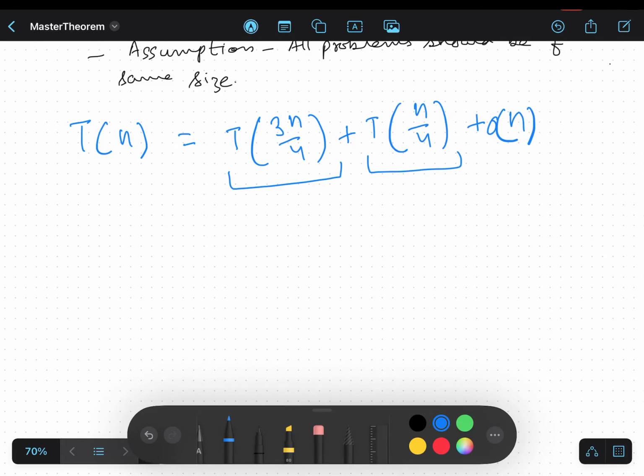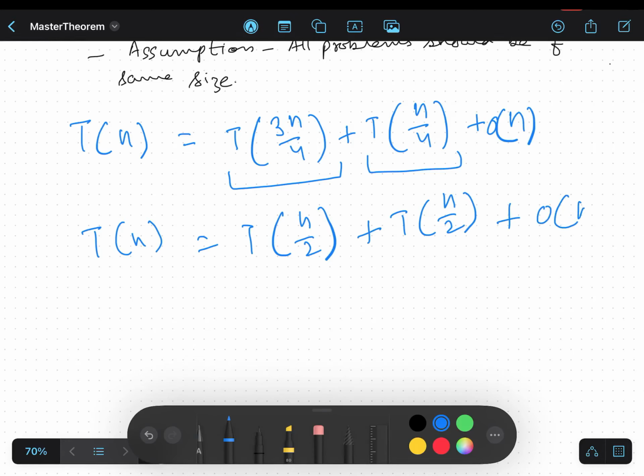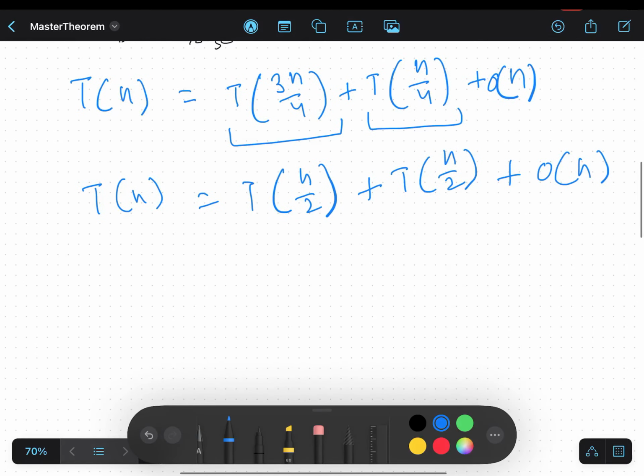Let's take another example. Now, if you see here, we are dividing our problem in half and in half.